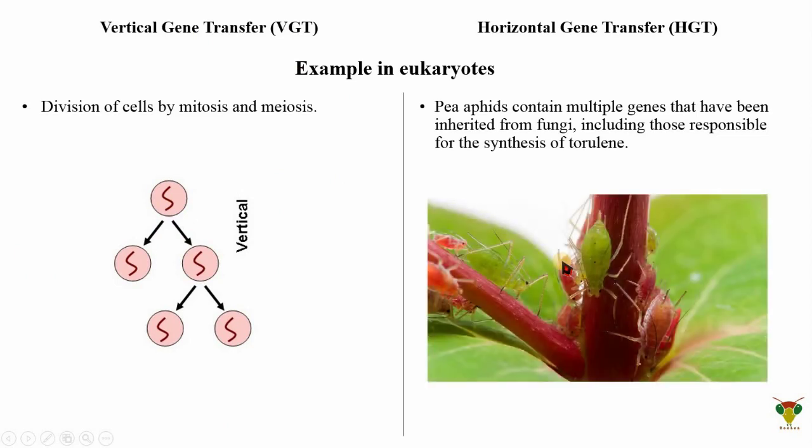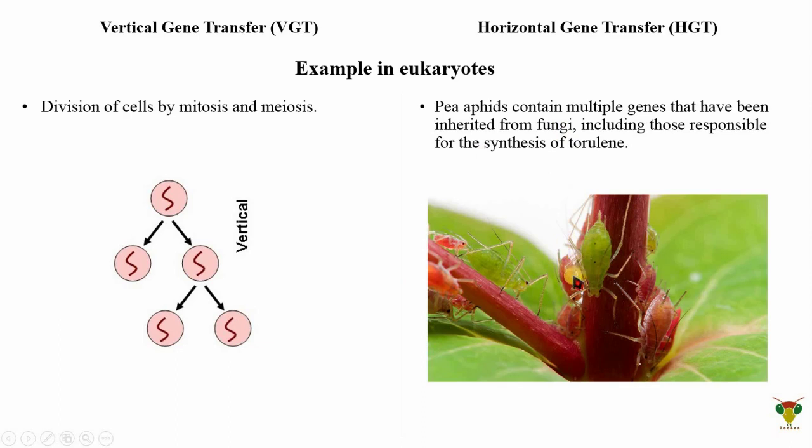So in horizontal gene transfer, now this is an interesting thing: pea aphids contain multiple genes that have been inherited from fungi, including those responsible for the synthesis of toluene. It has been studied that the aphids get their red color, here you can see red aphids, from the fungi.